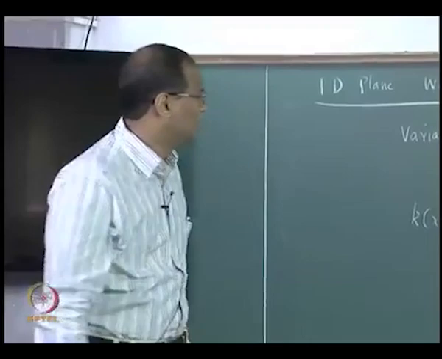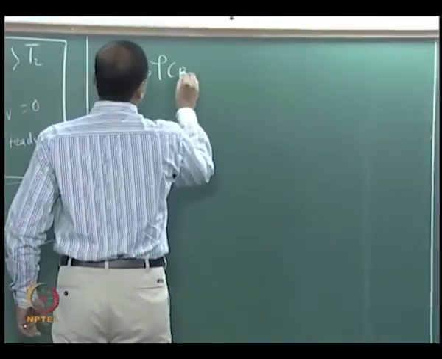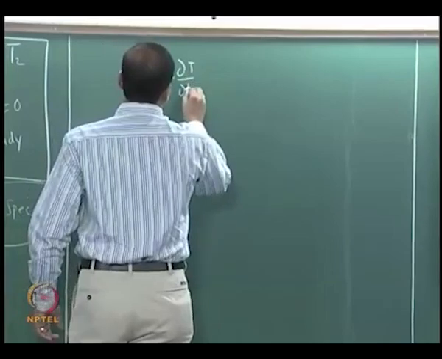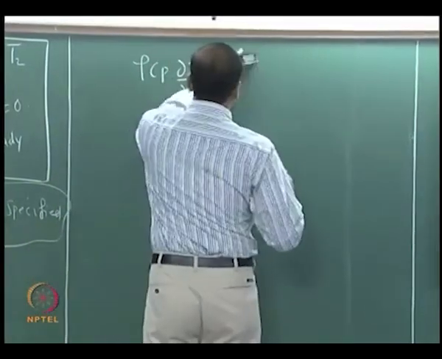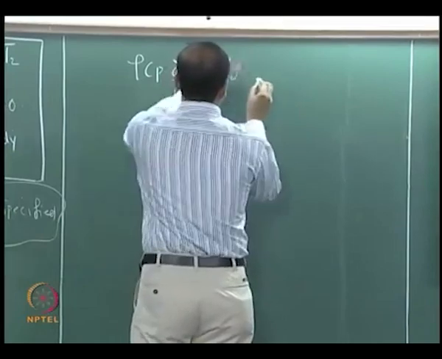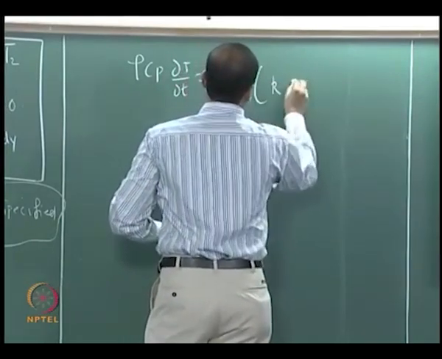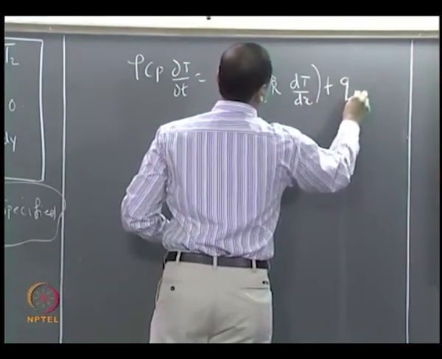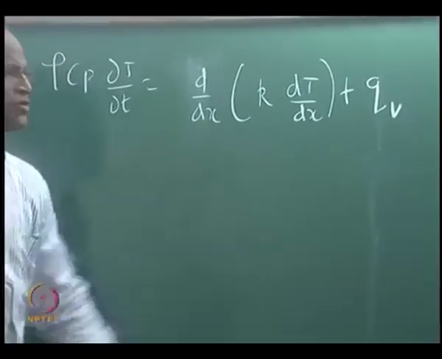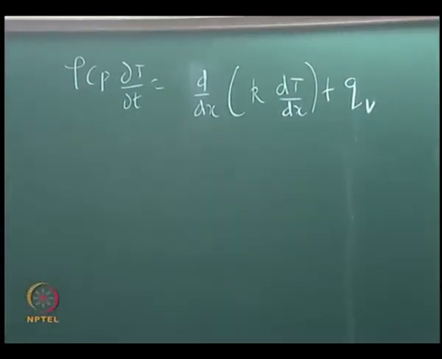So let us look at this equation. Sometimes I use q V, sometimes I use q triple prime, so you can be consistent.